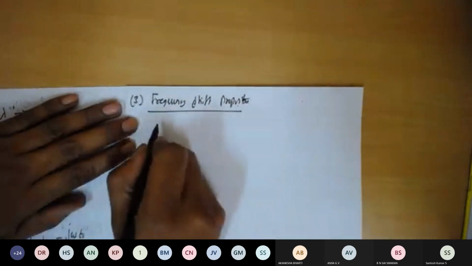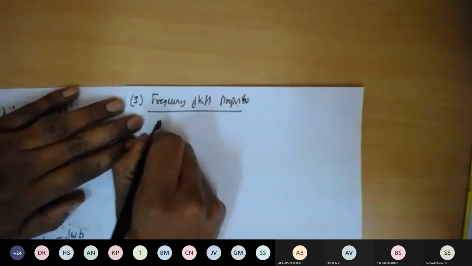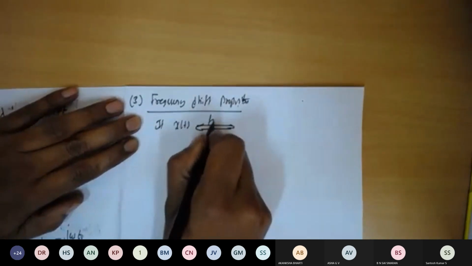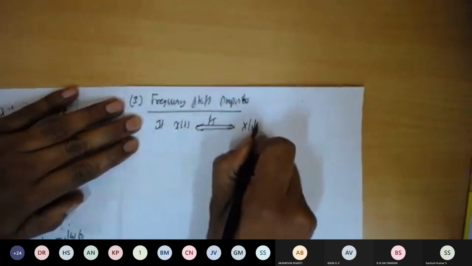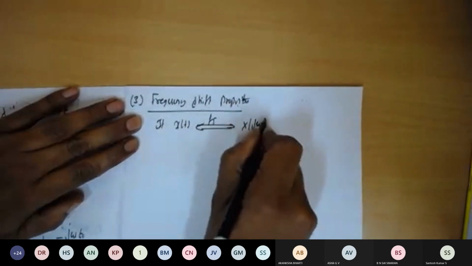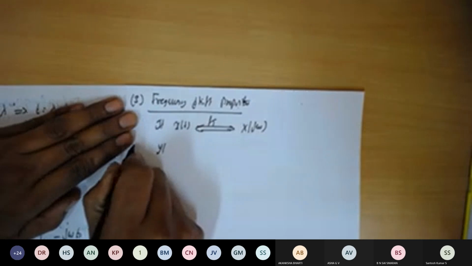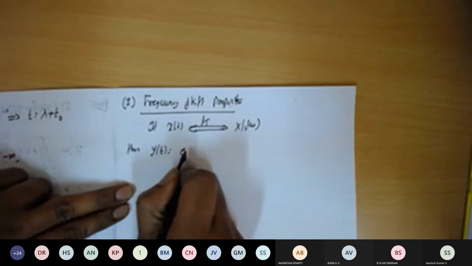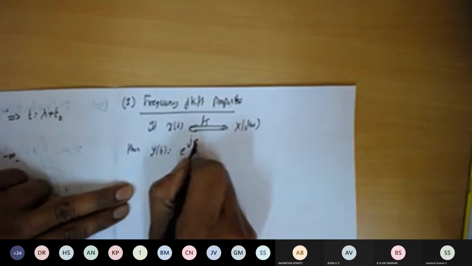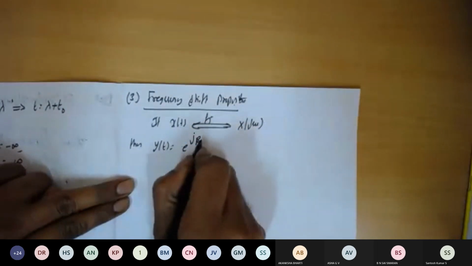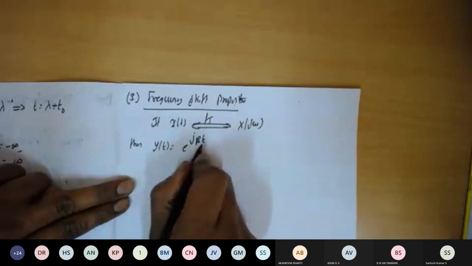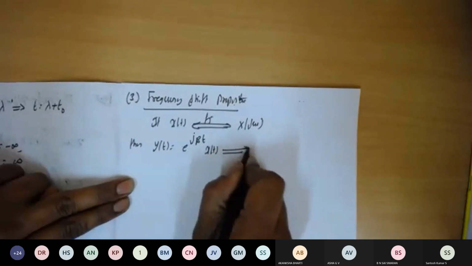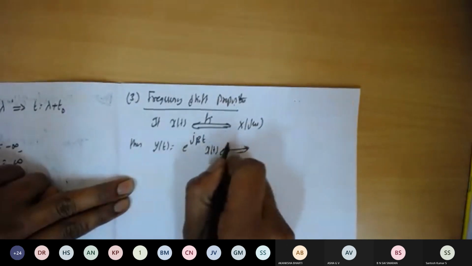Okay. Now let us take the statement of this property. If x of t Fourier transform is equal to X of j omega, then y of t is equal to, I'm going to multiply the time domain content with e to the power of j beta t. I'm going to multiply with x of t. So this is multiplying by an exponential sequence in the time domain.